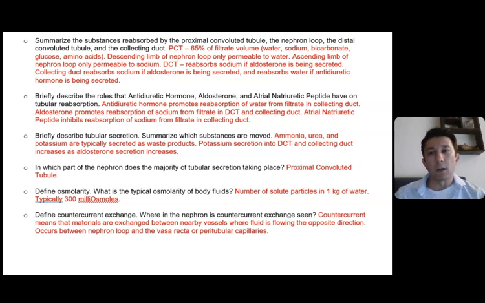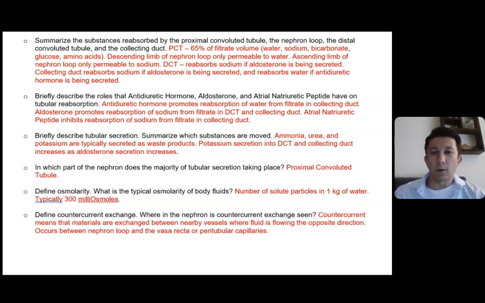Aldosterone and atrial natriuretic peptide both function to control sodium, either the increased reabsorption of sodium or allowing sodium to remain in the filtrate. Aldosterone promotes the reabsorption of sodium from the filtrate in both the distal convoluted tubule as well as the collecting duct. So aldosterone is going to function to stimulate the creation of sodium-potassium pumps in the distal convoluted tubule and the collecting duct.